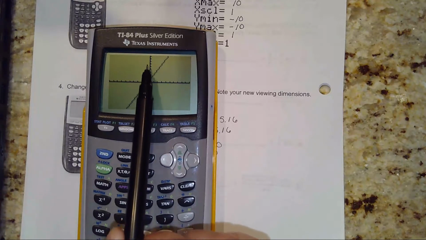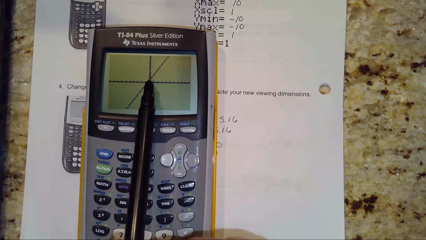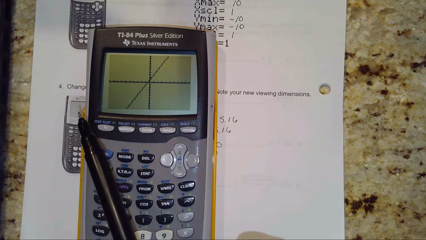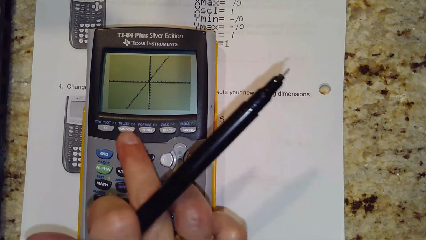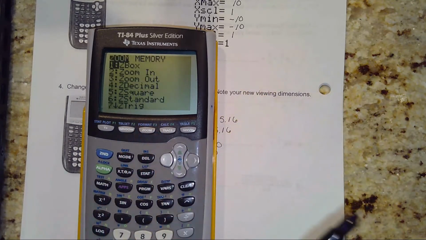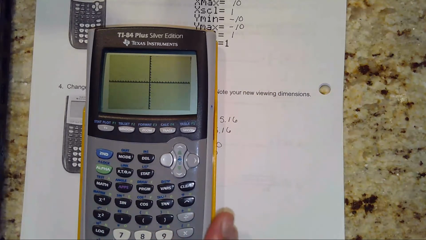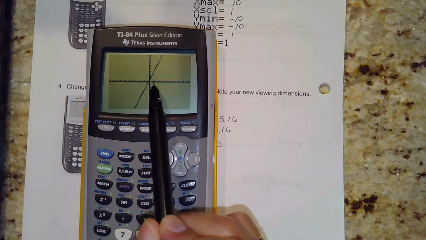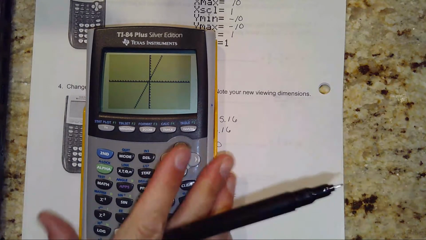But in the vertical direction, there's still 10 tick marks, so the tick mark values are smaller. So to have a better perspective on these graphs, we can go zoom square, zoom 5, and that will make all of the tick value lengths the same. Okay.